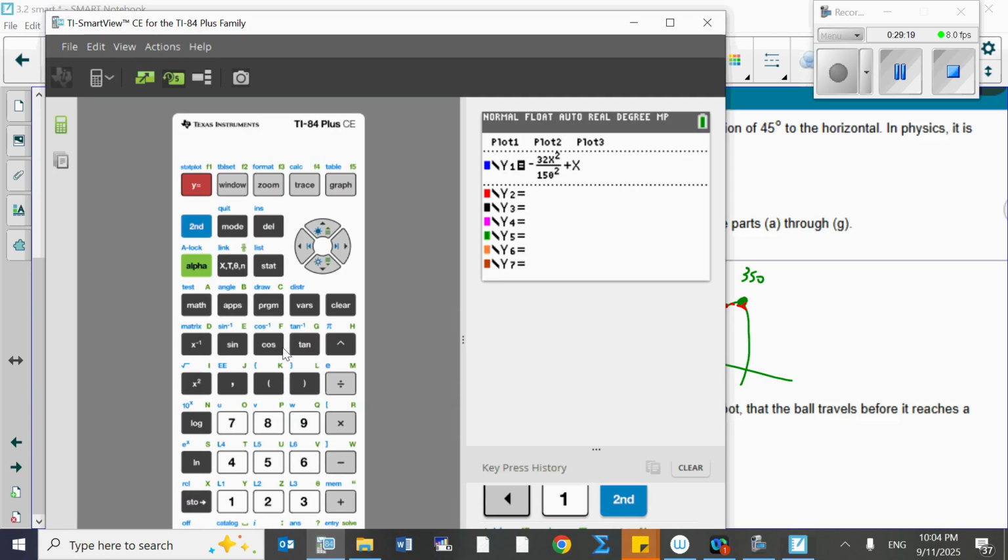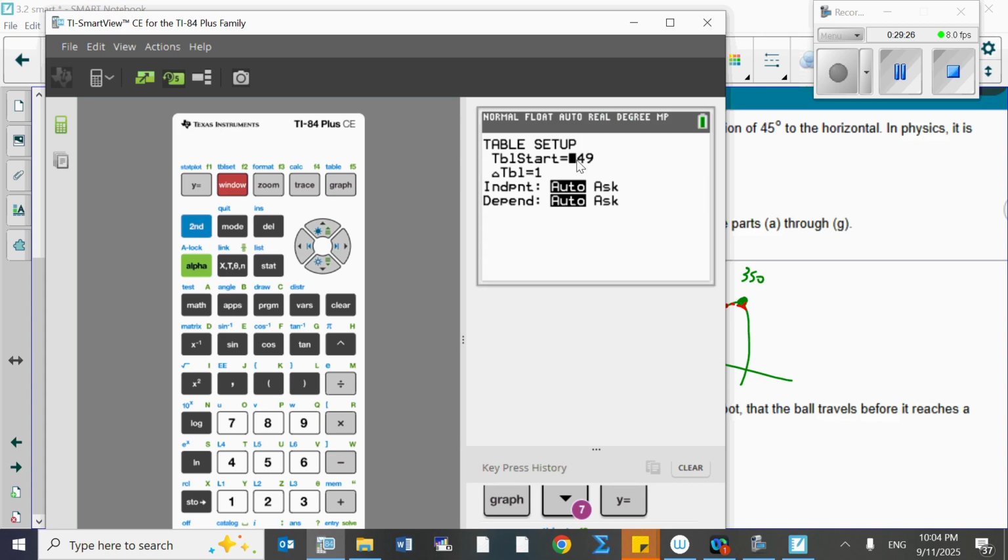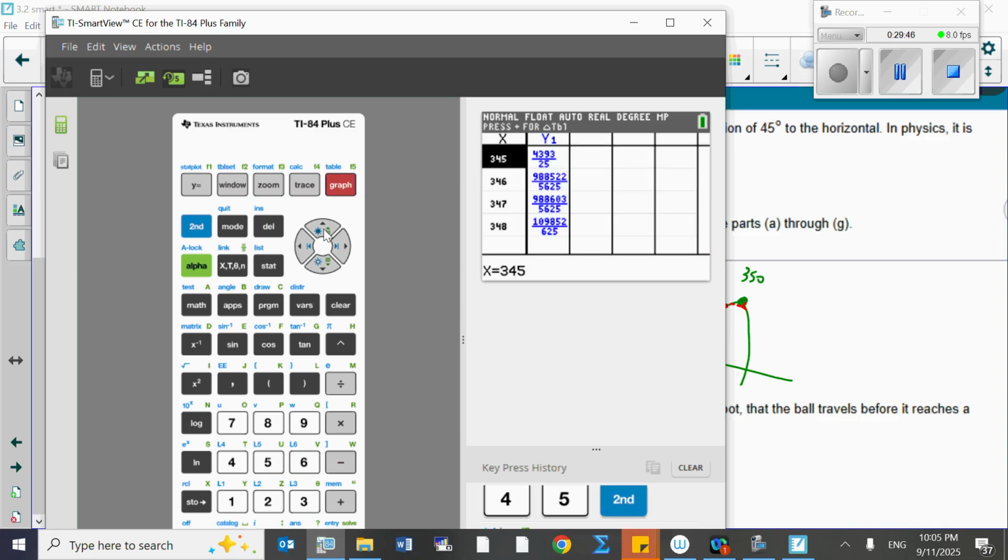So I'm going to go to my table, and I go second window to find the table set, and I'm going to start with, let's say, 345, because the maximum height that I found was 350. So I start from a little bit behind this one, and the table steps is 1 foot. Now when I go to second graph, I'm going to check all these values and see which one has the highest y value.